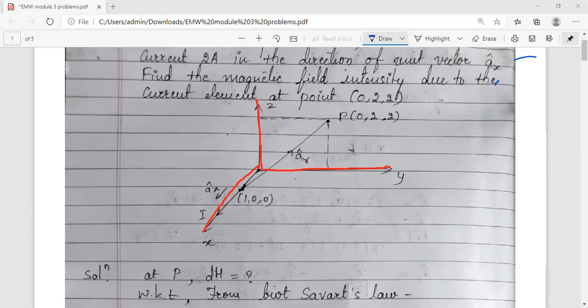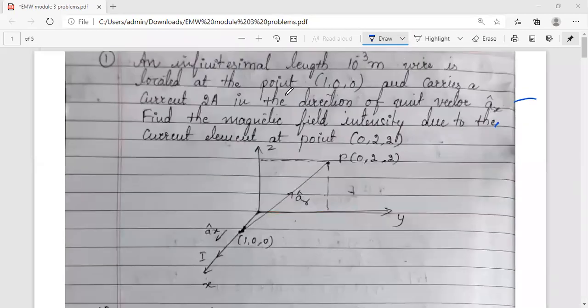So check whether the current direction is specified in the question. An infinitesimal length is located at a point and it carries a current in the direction of aX. Yes, the direction of current is specified. In the positive aX direction the current is flowing, and the value is 2 amperes.